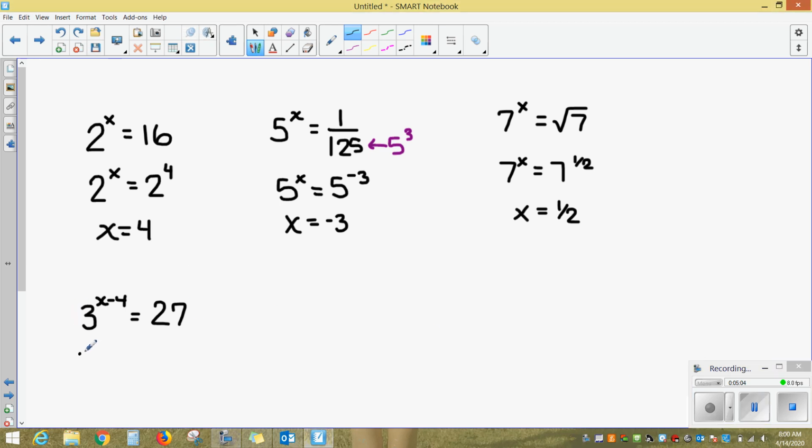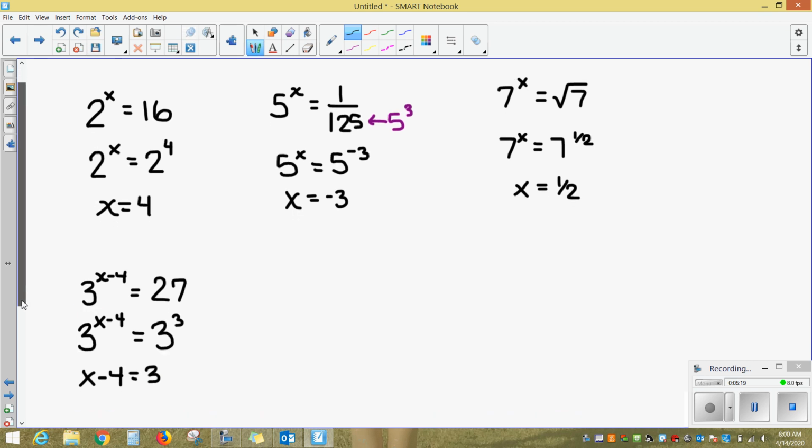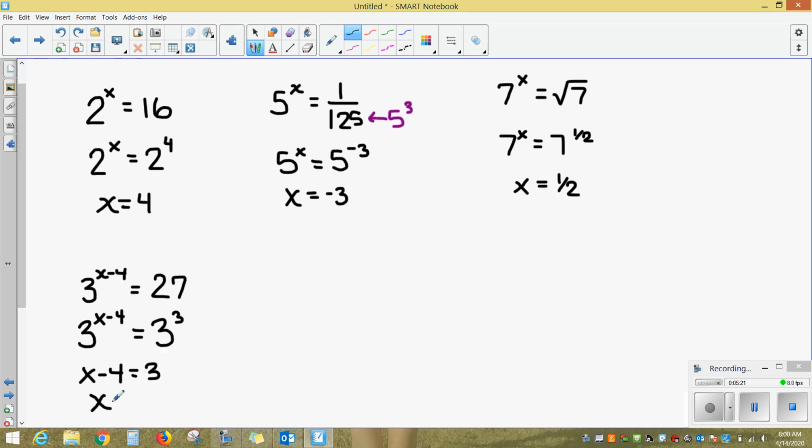When I look at the number 27, I recognize that 27 is 3 to the third power. Now that I have the bases the same on both sides, I can set the exponents equal and solve for x. Adding 4 to both sides, I find out that x equals 7.